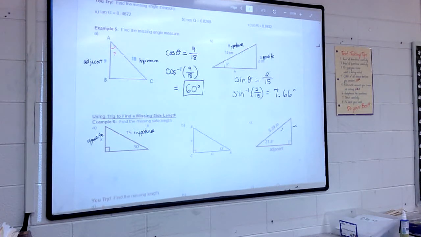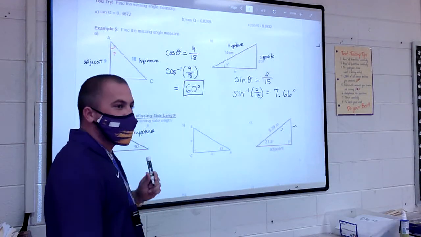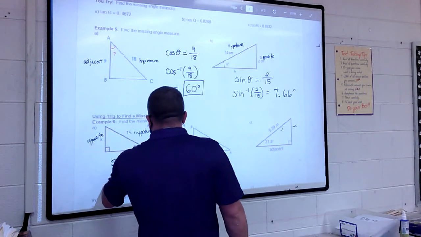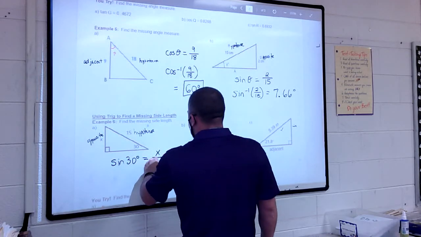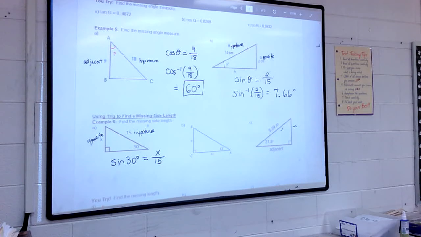So, opposite and hypotenuse means we're going to use sine. So, sine of 30 degrees equals x over 15. Looks like an algebra problem. Okay? If you wanted to get x by itself, what would we need to do? Multiply by 15. So let's do that real quick.